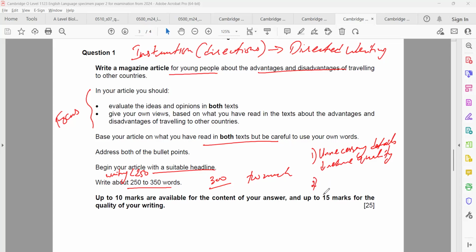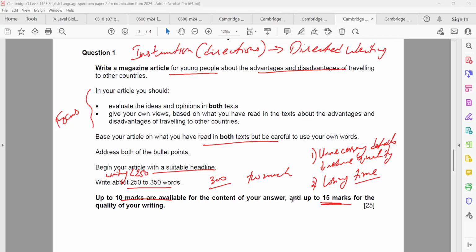Secondly, you'll be losing time, and time management is obviously important. If you spend too much time on one question, you'll be rushing the next one, and that's not a situation you want to be in. 10 marks are for your content. There's more weightage here for the quality of your writing.